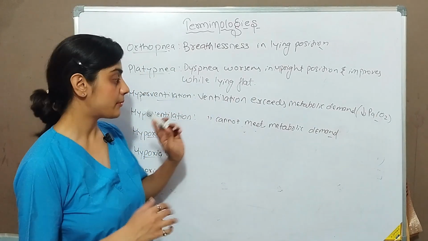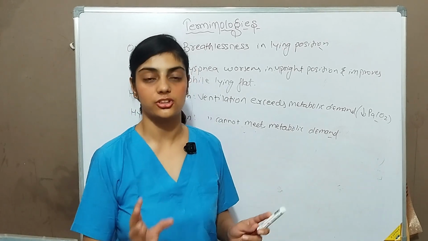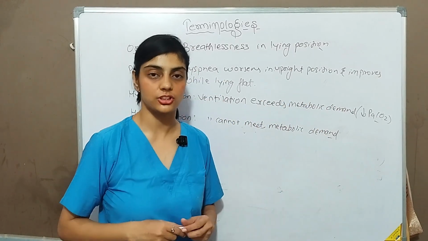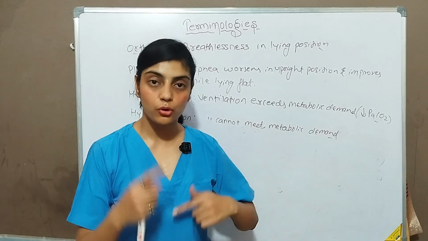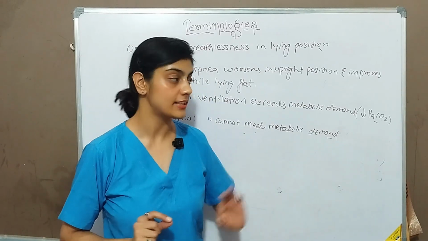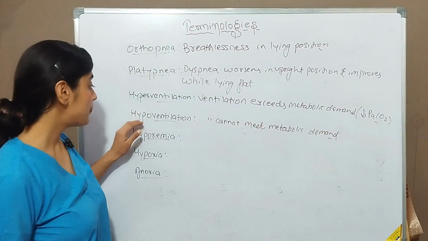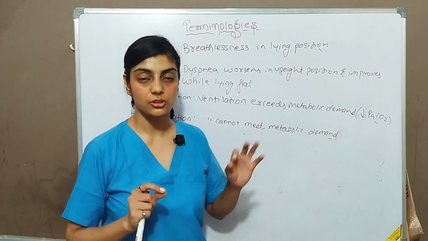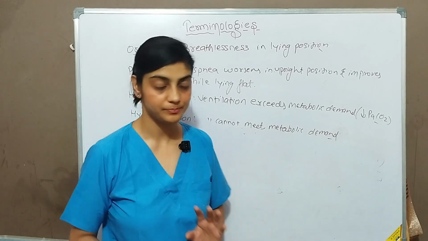The body does not demand that much ventilation. The partial pressure of oxygen is increasing, but more breaths mean more carbon dioxide washes out, resulting in a decrease in partial pressure of carbon dioxide. Hypoventilation means the ventilation cannot meet metabolic demand. The patient is not taking enough breaths to meet the metabolic demand of the body.